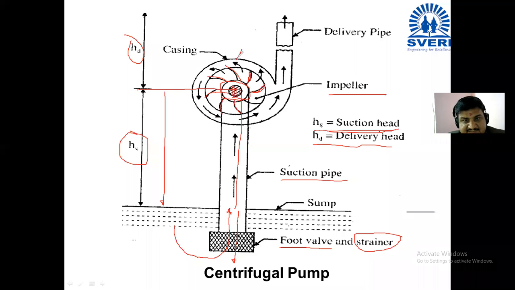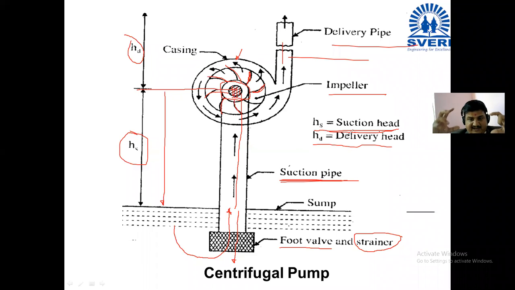Then the next component is the casing. Casing is nothing but one kind of cover which we put around this impeller mechanism. The casing is the covering of the centrifugal pump, and two pipes are attached to that casing. The first pipe attached is the suction pipe, and the second pipe attached is your delivery pipe.